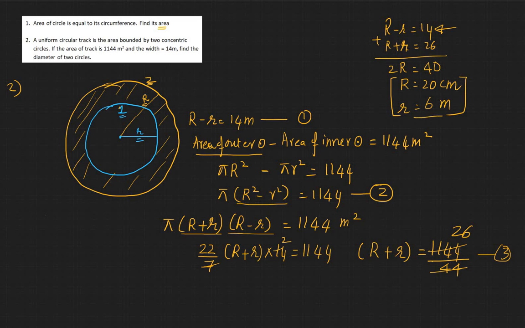That'll be your answer. The questioner is asking to find the diameter of the two circles. The diameter of circle 1 is 2 times small r, that's 12 centimeters. The diameter of circle 2 is 2 times big R, that is 40 centimeters. That's the answer.